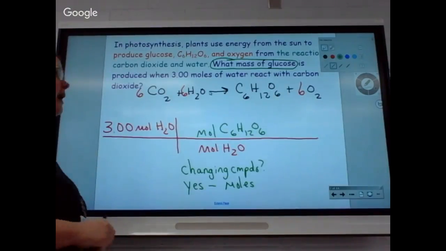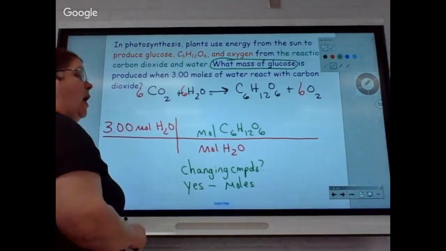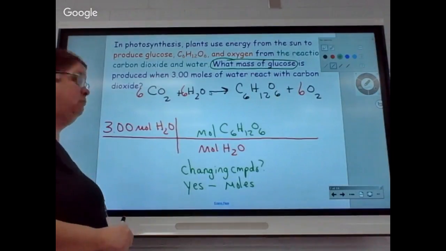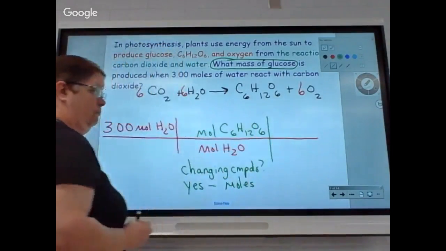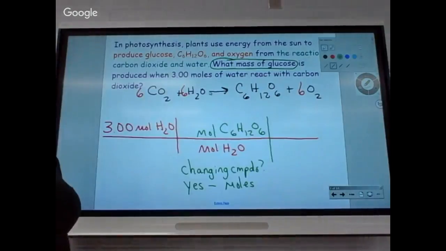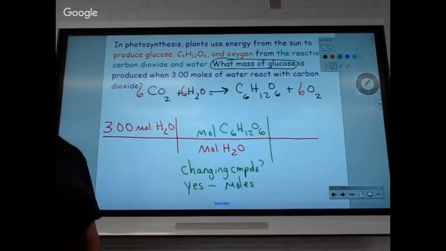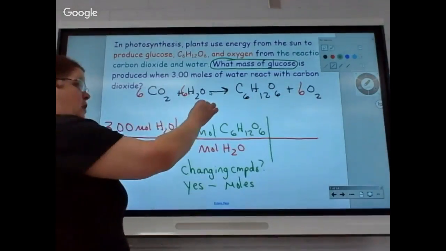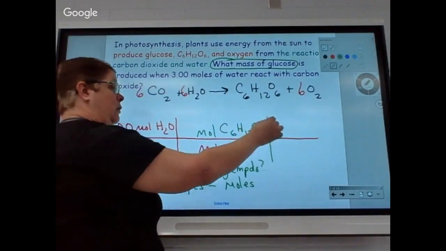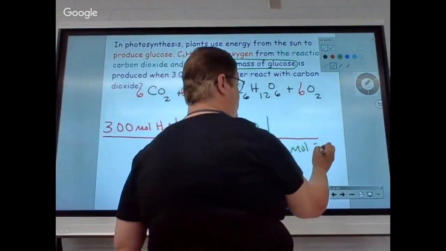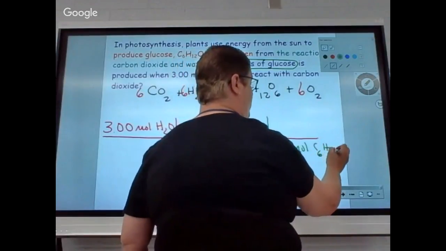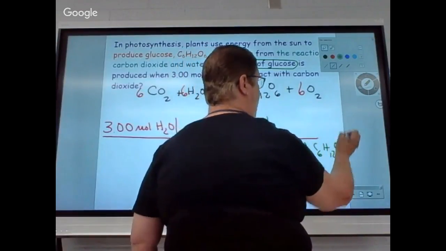All right. Now, did they ask me for moles? So that means I'm drawing another section of my chart. They want grams. So what has to go on the bottom of my chart? Whatever's on top has to go where? On the bottom. So those of you who are saying moles of C6H12O6 are correct.